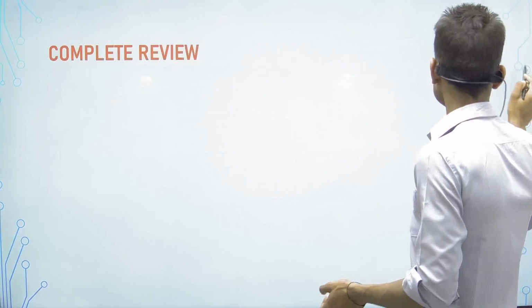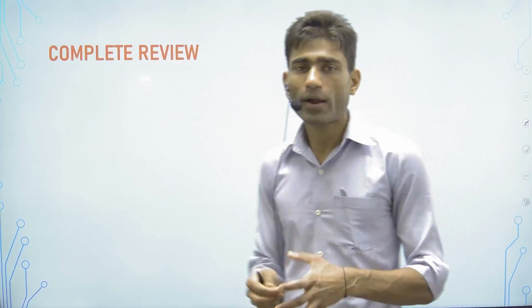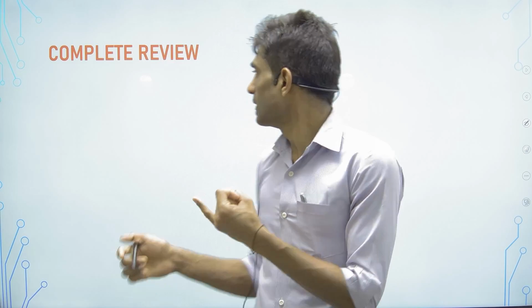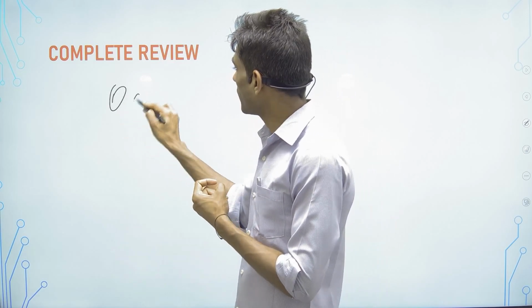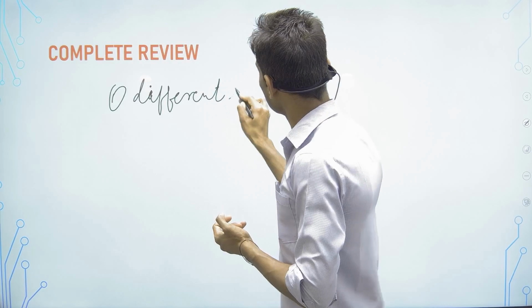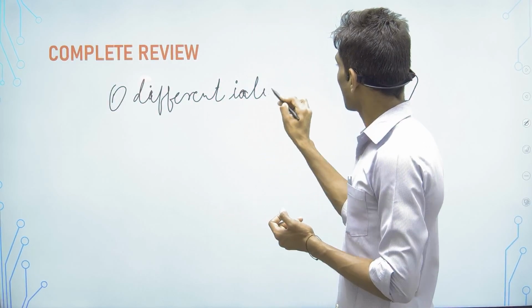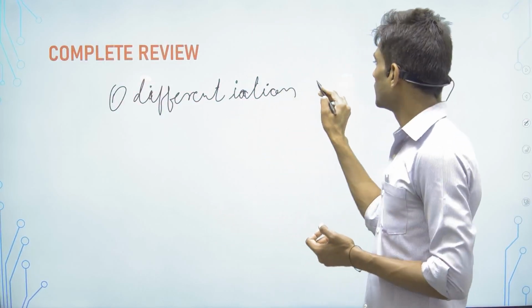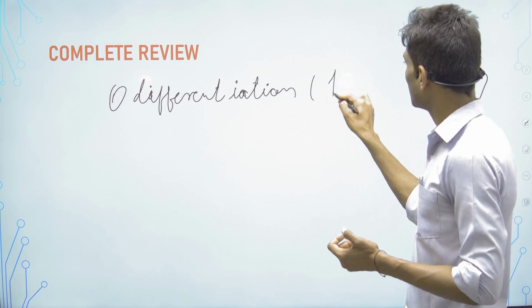Now let's go for a little recap, a complete review of what we have learned in today's lecture. First we started learning the differentiation topic, which I explained with the first principle.